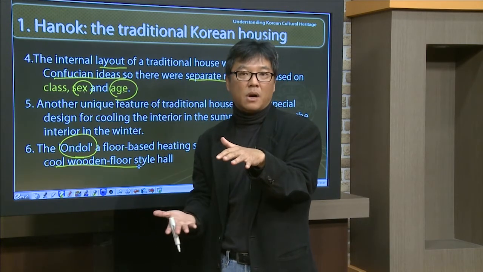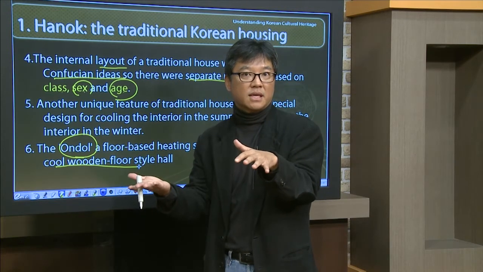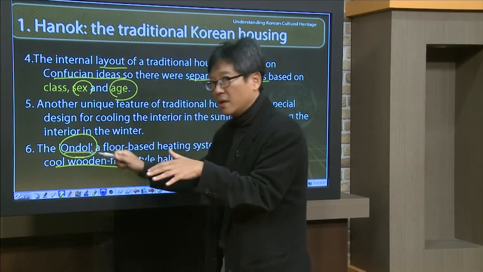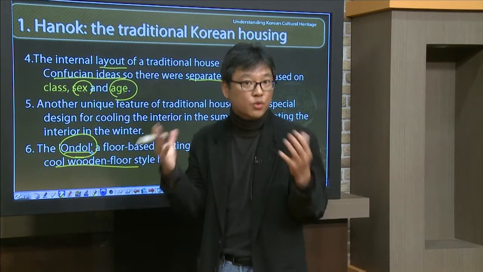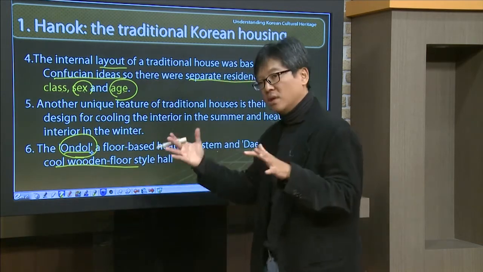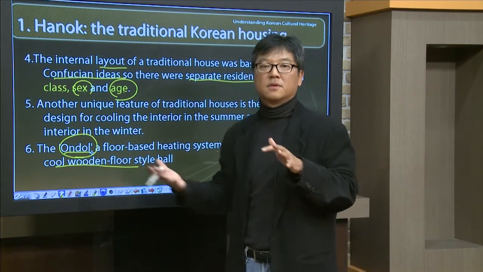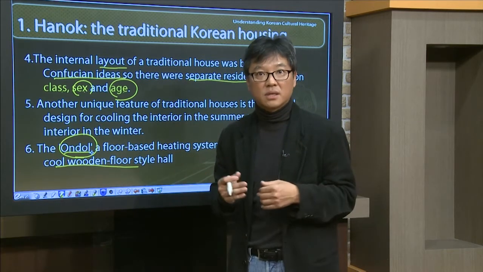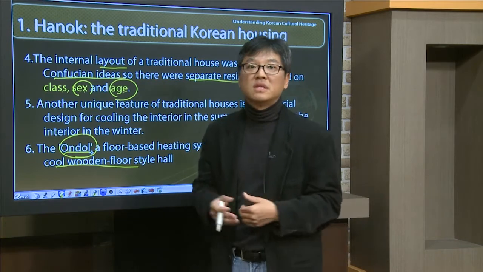So this is very suitable for high temperature, which is the summer. And ondol, again, this is pang, the room area. This heating system was developed to live in the cold, harsh winter. So there are 4 seasons in Korea.